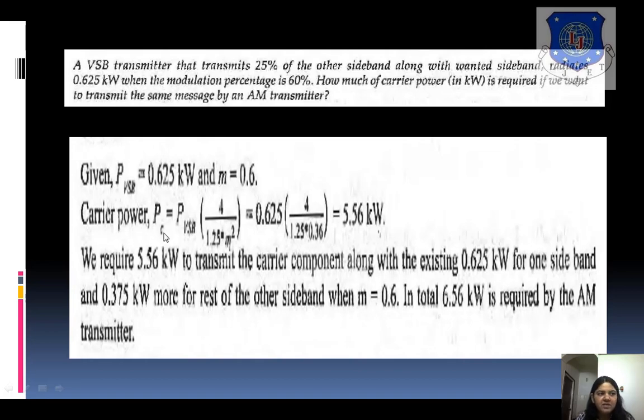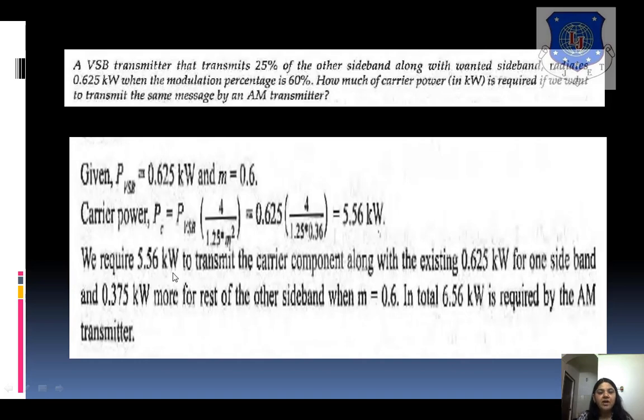Carrier power PC is equal to PVSB into 4 upon 1.25 into m square. So it is 4 upon 1.25 into 0.6 square. So it is 5.56 kilowatt.